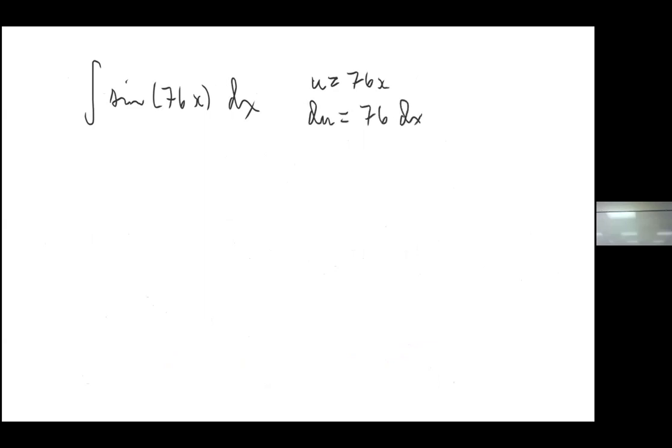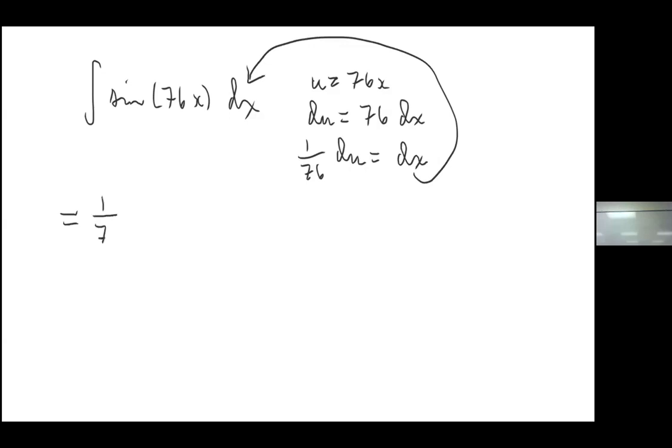In other words, 1/76 du is what dx is, right? So that dx goes right there. You know what I'm saying? So then what would you have? I could pull out the 1/76, would be the integral of sine of u du. And now we're in business, right?